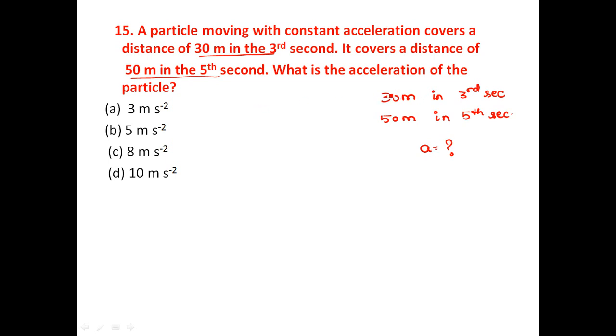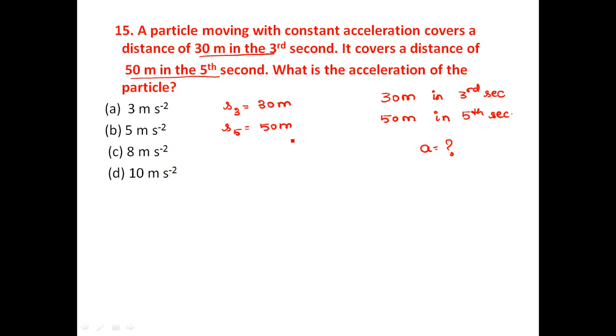They have given the distance traveled in the third second. That means S3 is equal to 30 meter and S5 is equal to 50 meter. They have not given us the initial velocity, and they have not given us the acceleration. The same particle is traveling, which means its initial velocity will be the same, right?